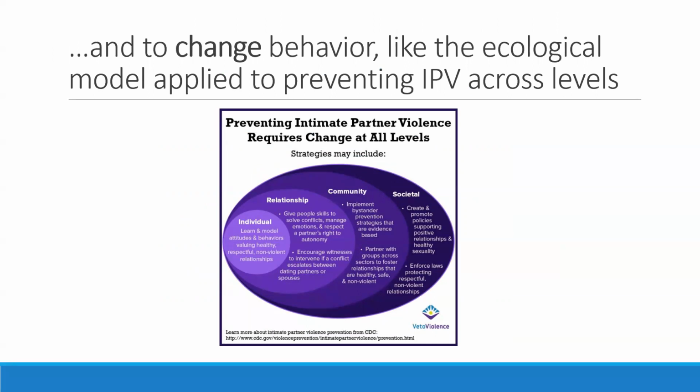But here is showing how we can use the same model, this social ecological model, and think about multi-level interventions, which I use basically as a term for health programs, to change behavior. So if we know what factors are driving violence at these different levels, then we can create programs that target change at those different levels.